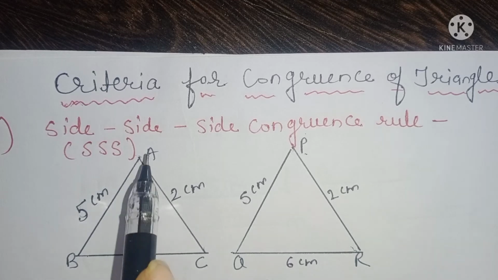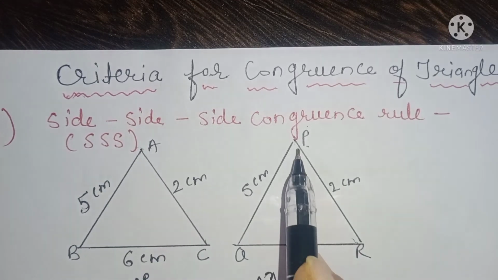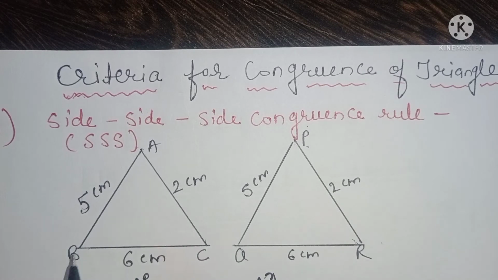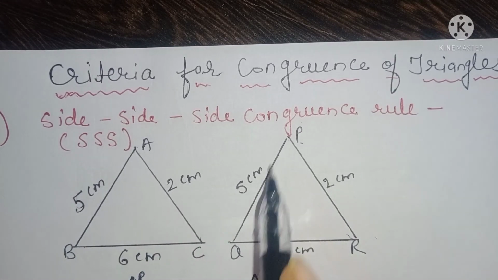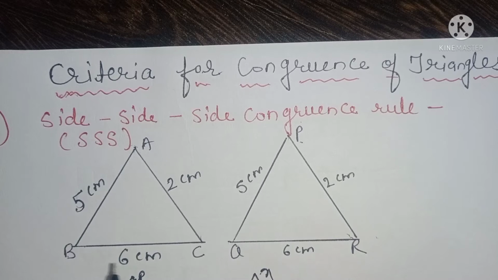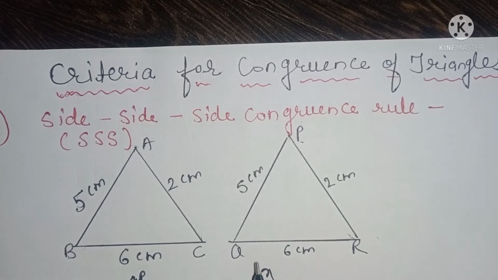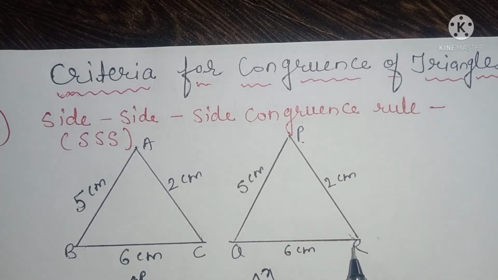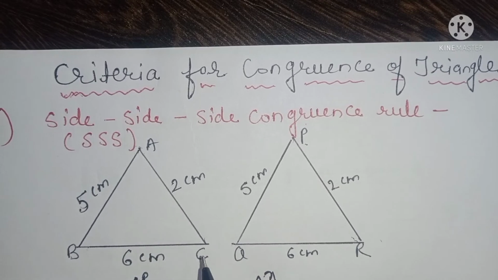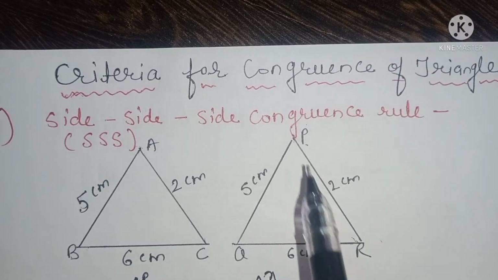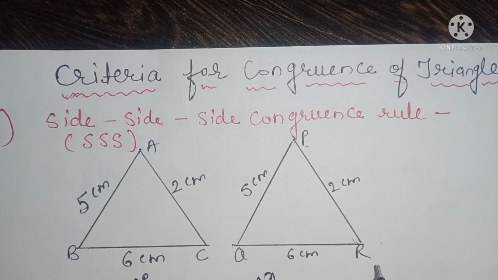For example, you can see this figure ABC and here PQR. See, the side AB is 5 centimeter and PQ is also 5 centimeter. Then BC is 6 centimeter and QR is also 6 centimeter. Then AC is 2 centimeter and PR is 2 centimeter.